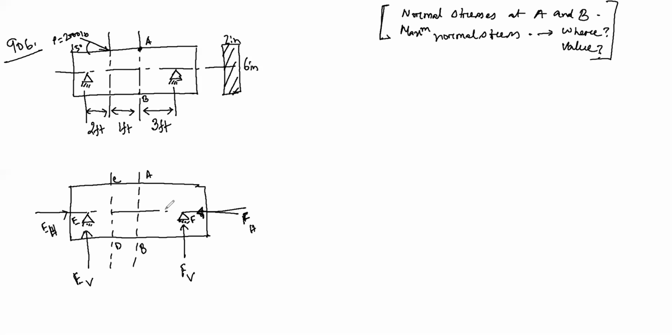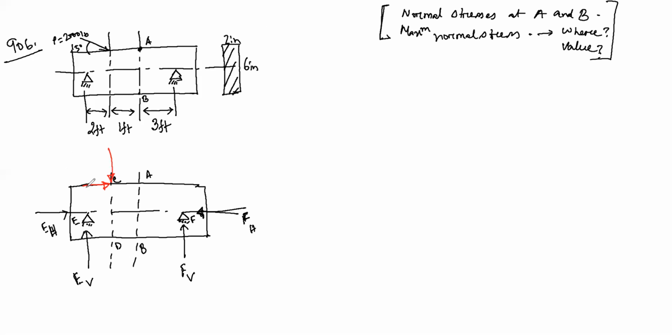Okay, and there is a point load. There is a load which has an angle of 15 degrees, so that will have two components. Let's change the color: horizontal component and vertical component.